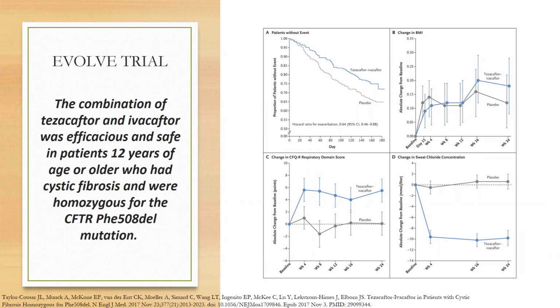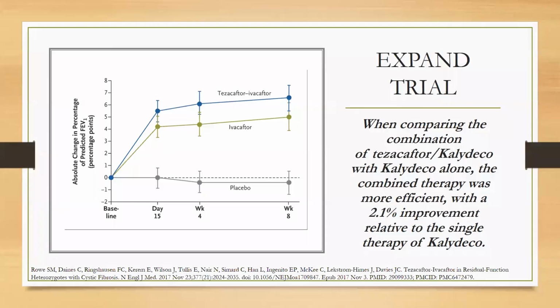So overall, it was a really good study. The next thing they wanted to look at was the EXPAND trial. We know that the dual therapy with tezacaftor and ivacaftor has improved FEV1, decreased your risk for hospitalization, and improved BMI as well as the sweat chloride levels.